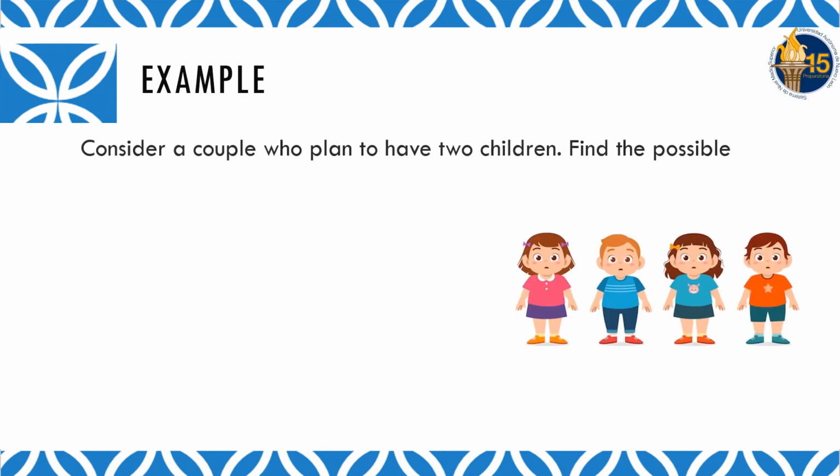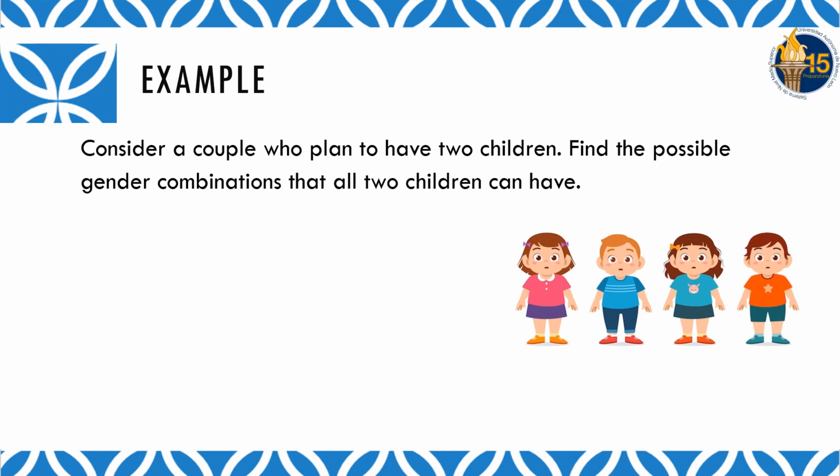Example: consider a couple who plan to have 2 children. Find the possible gender combinations that the 2 children can have. If a represents boys, b represents girls, and n the number of children, the following will be (a plus b) squared.